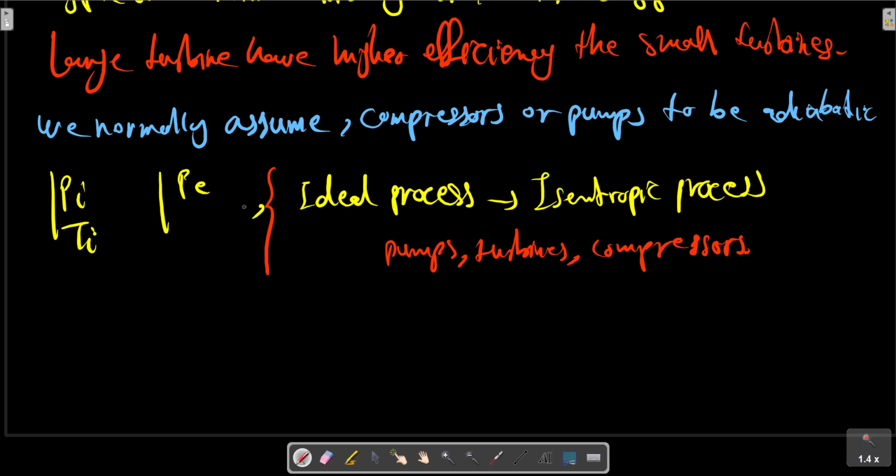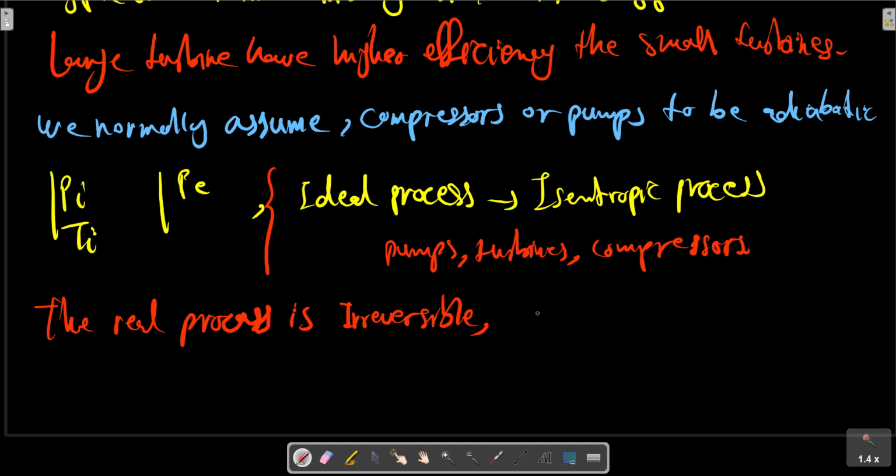The real process, however, is irreversible, and the fluid exits at the real state E with a larger entropy, and a larger amount of work input W is required.